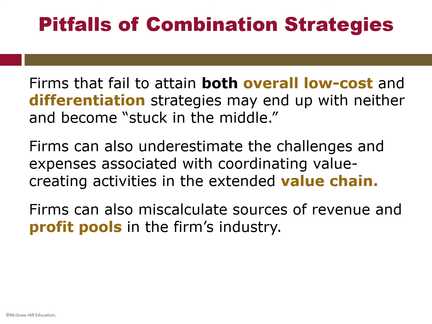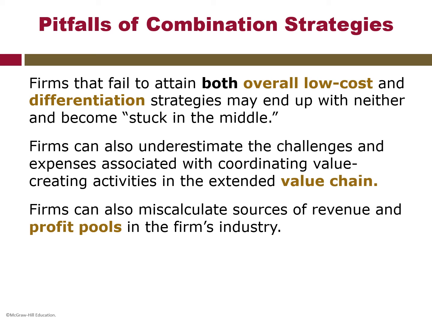Now we can look a little bit at the pitfalls of combination strategies. One is that firms that fail to attain both overall low cost and differentiation strategies may end up with neither and become stuck in the middle.